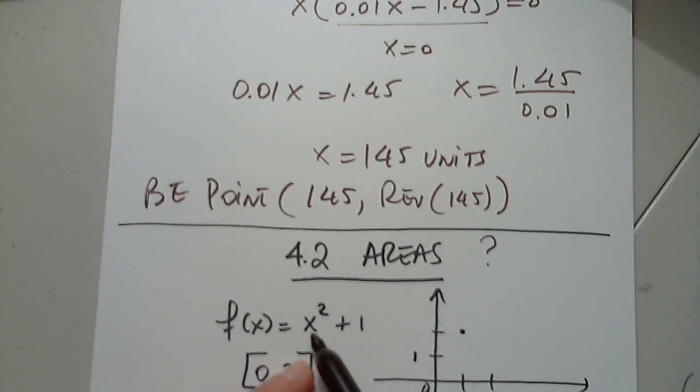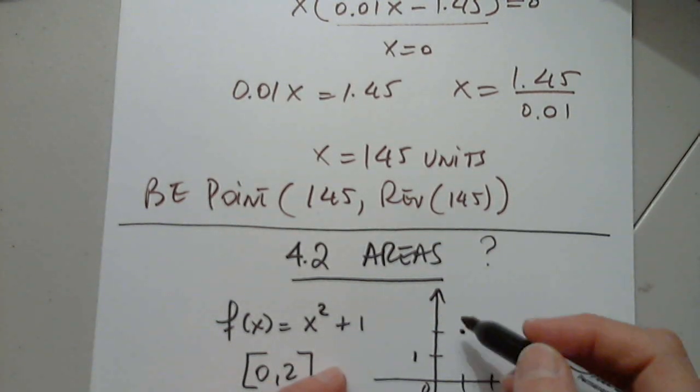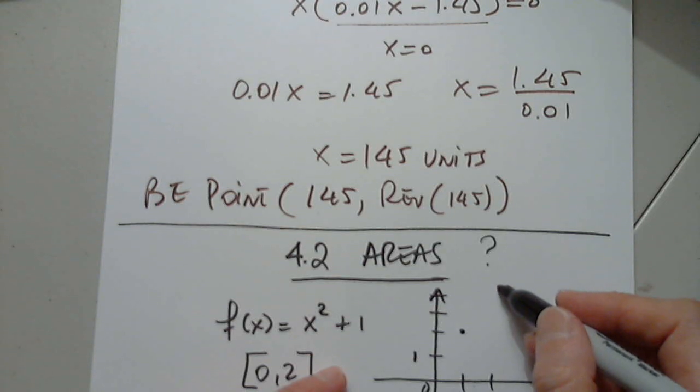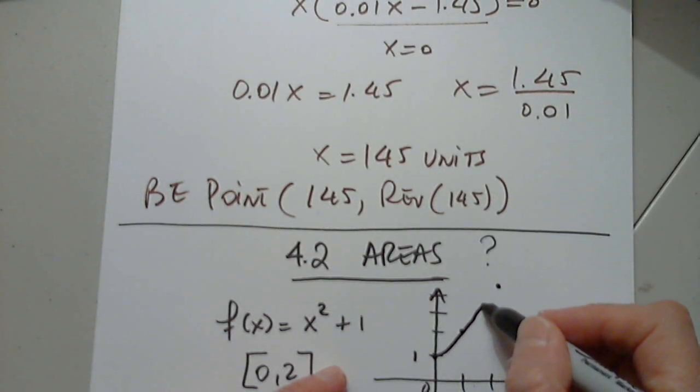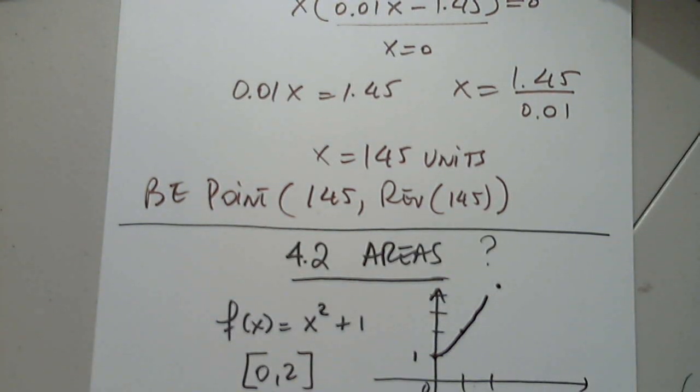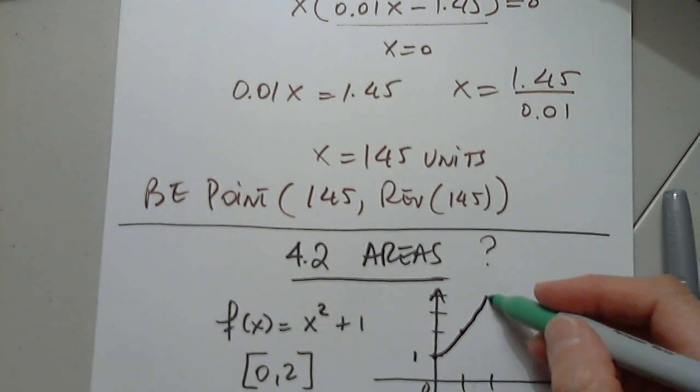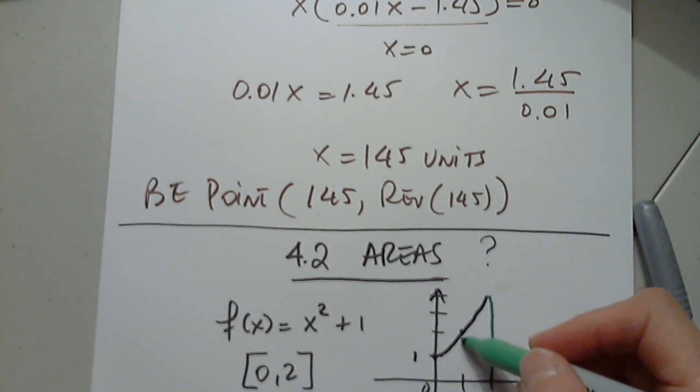When I plug in 2, 2 squared is 4, 4 plus 1 is 5. So here's the graph of this function. And we are asked to find the area under this graph between 0 and 2. So I'm basically asked to find this area.